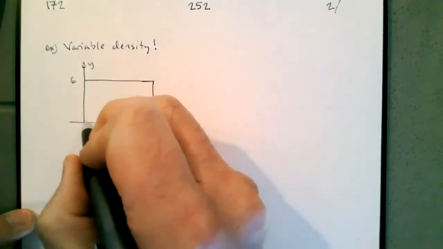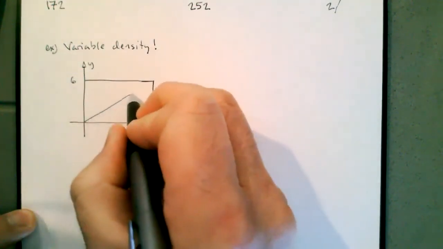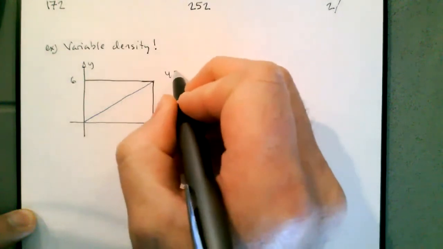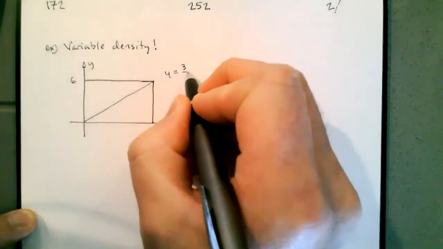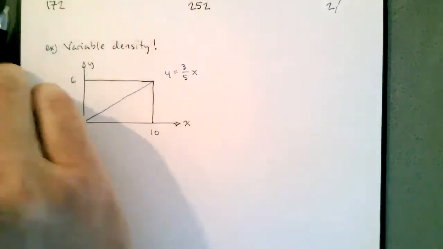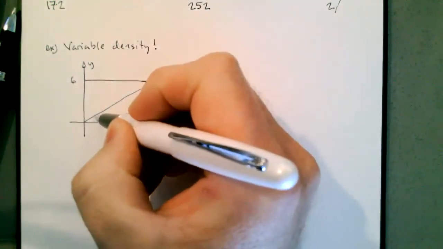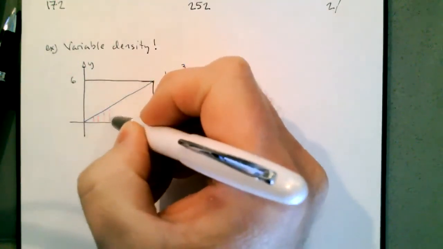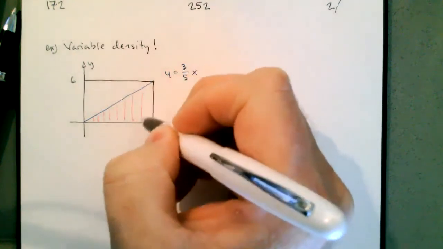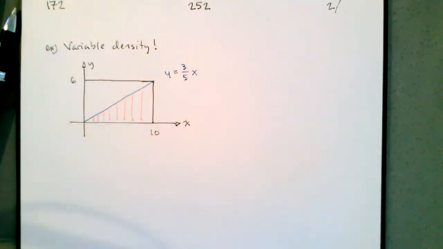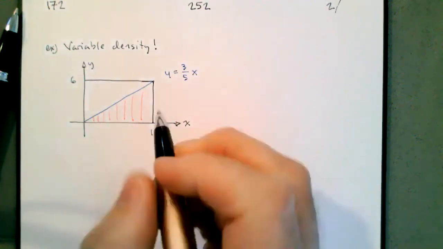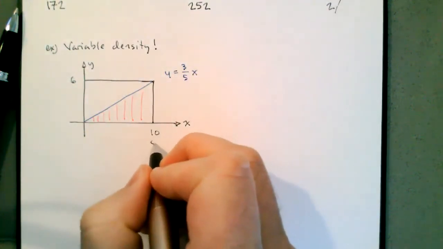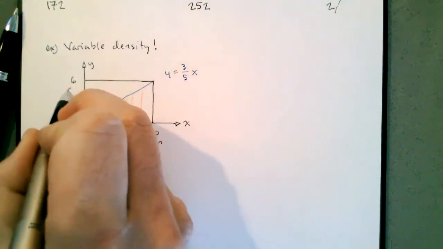I'm going to split it down here with the line y is equal to 3/5 x like I did before. And I'm still going to be concerned with this bottom triangle. So let's put some dimensions on this. Let's say this is 10 centimeters and this is 6 centimeters.